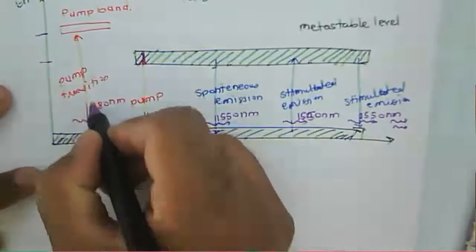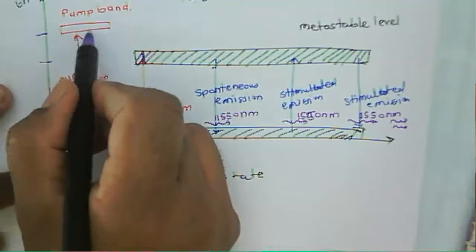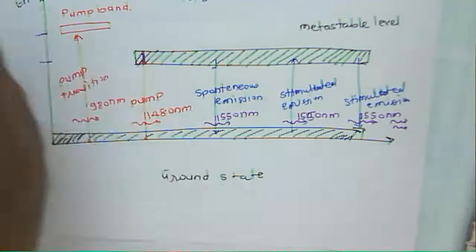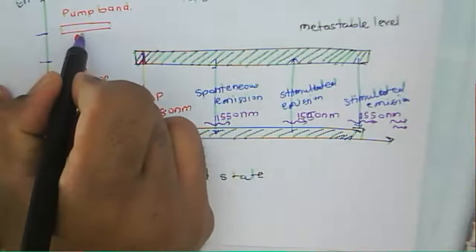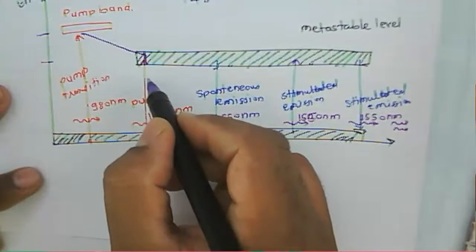Here, ground level to the pump level, and then those excited ions will very quickly decay from this pump state to another state here.